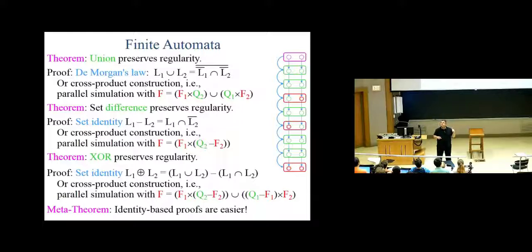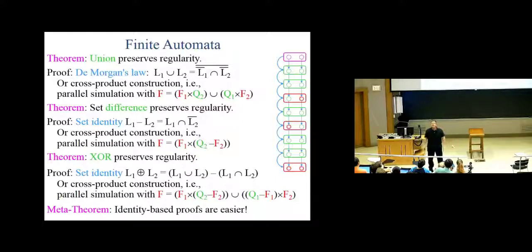Any questions about that? We've already done this, about three lectures ago. So again, what are we doing? We have two machines, and we want to create a machine that accepts the difference of their two languages. So create the cross-product construction, bang together the two sets of states, and the resulting cross-product machine will simulate both machines simultaneously.